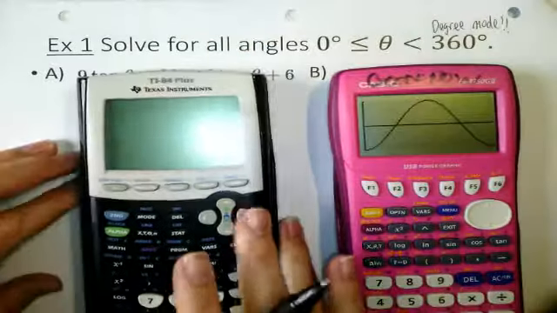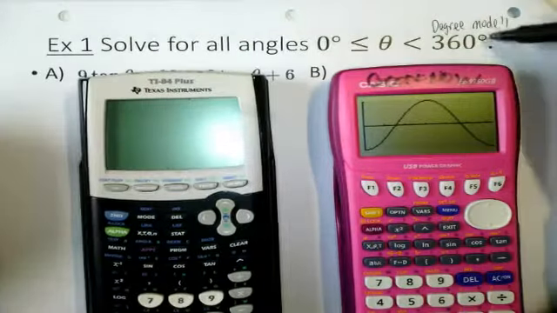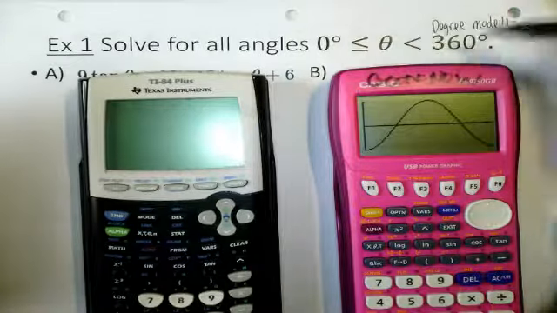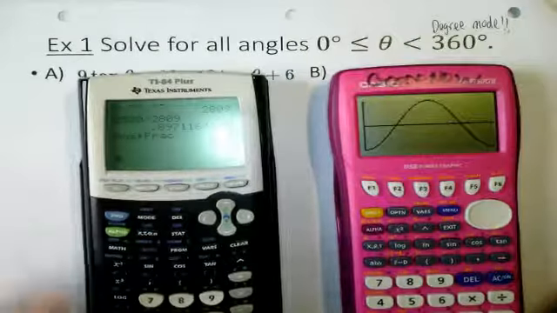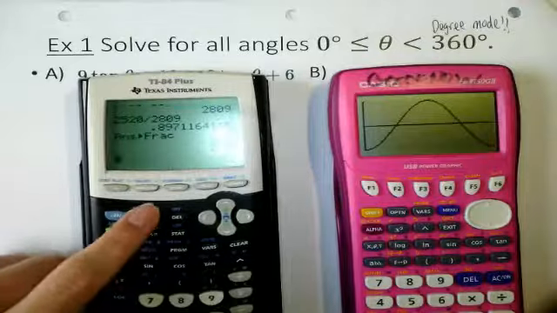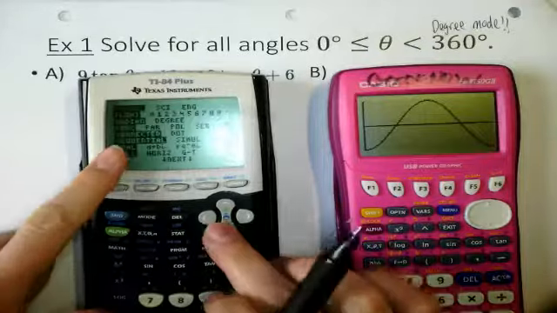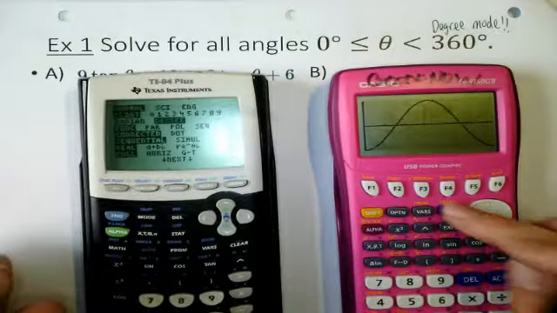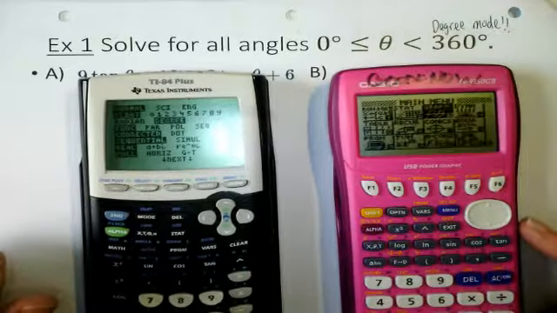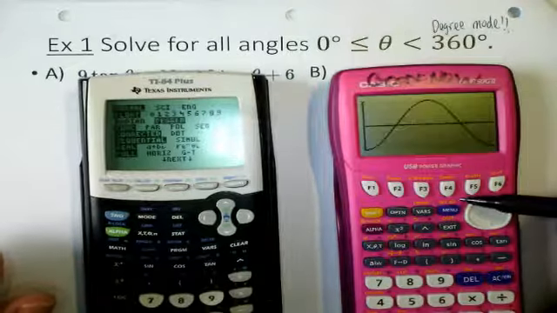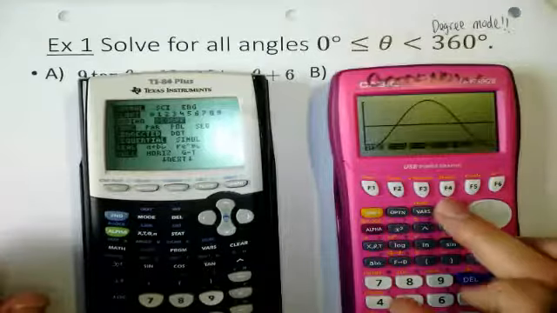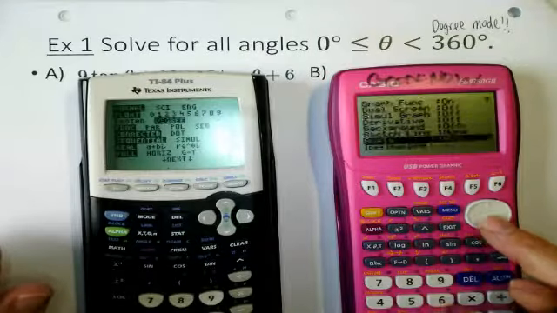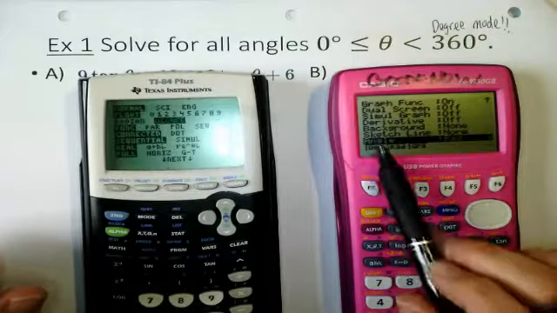You have to understand, because this is saying we want our angles in degrees, we need to be in degree mode. So I want to change my mode on my calculator. On my Casio, I'm in the graphing menu, and I'm going to go to the setup. So again, shift and setup. If you scroll down, you'll see that we get to the angle.